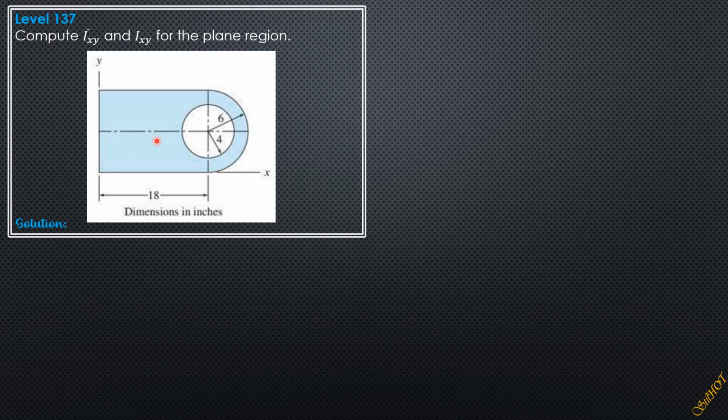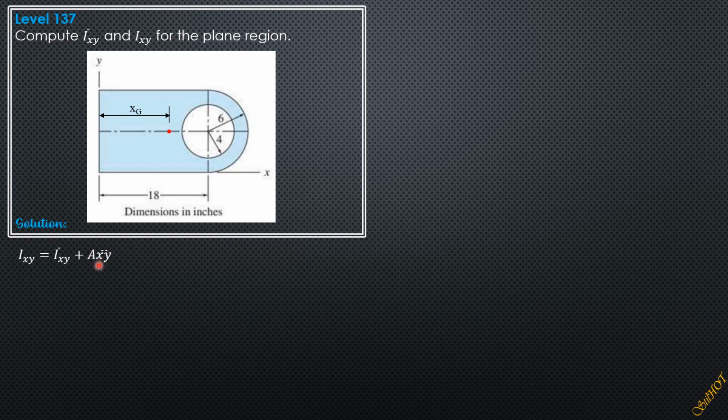So for the rectangle, that's xg, and yg lies on this axis of symmetry. This is our guide formula. Take note that for each area, I bar xy is 0, so only this part will have value.